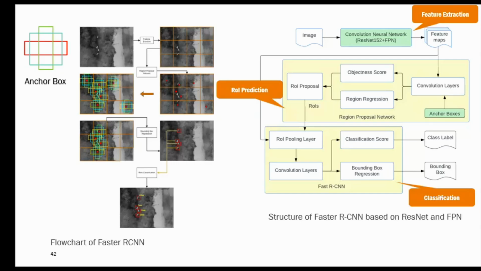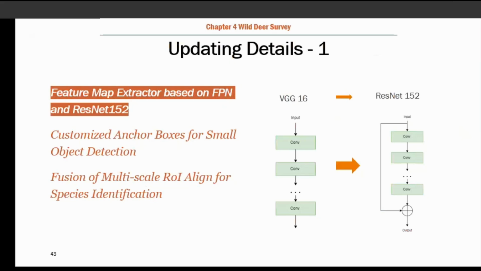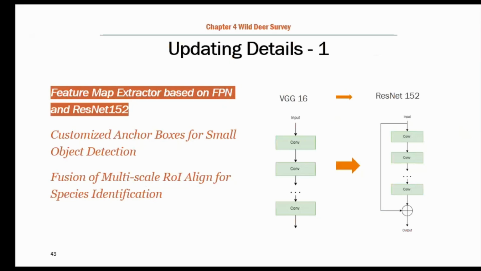One is feature extraction, and the second is ROI. ROI means region of interest prediction, and the third is classification. Based on the structure of the original Faster R-CNN, I made three important improvements.